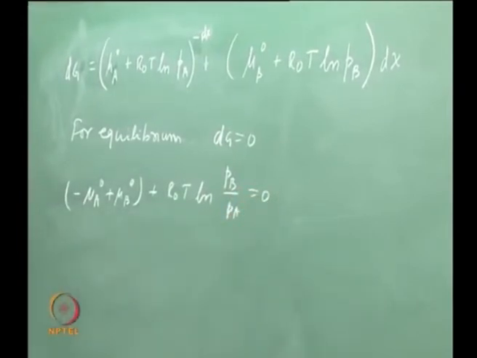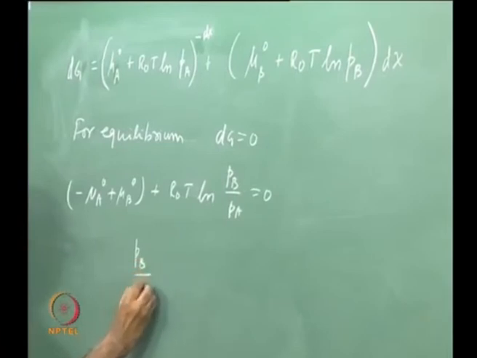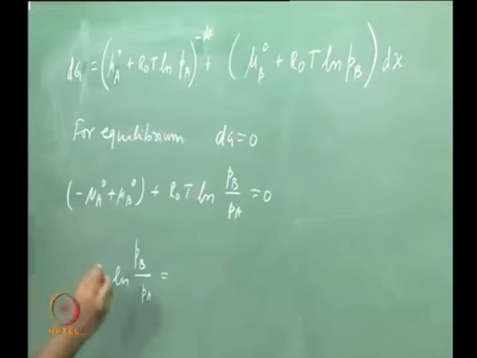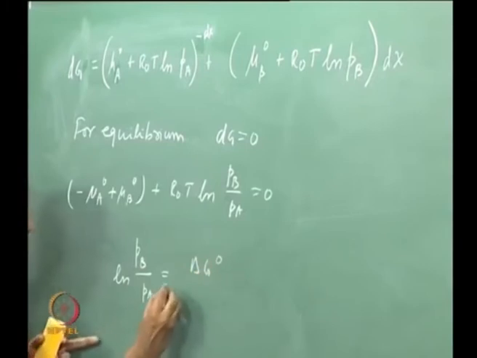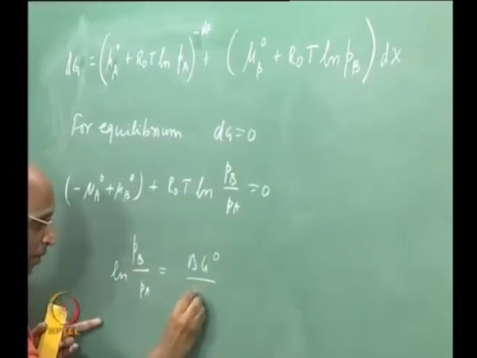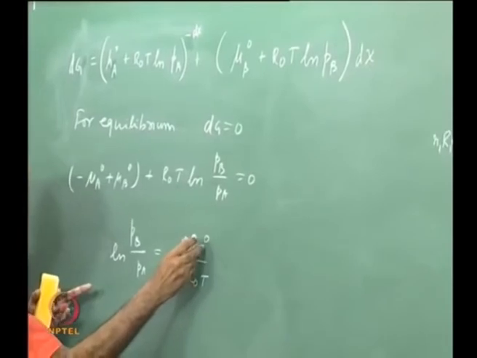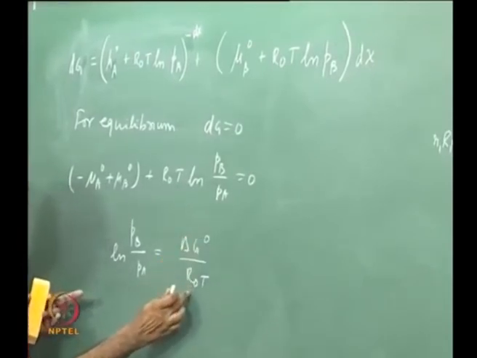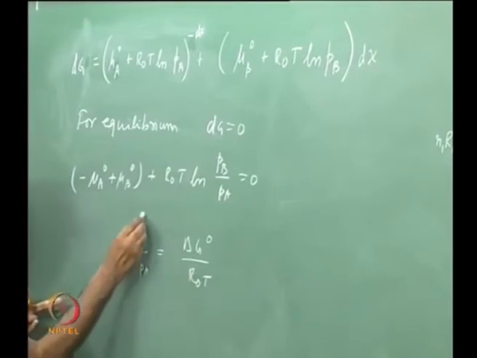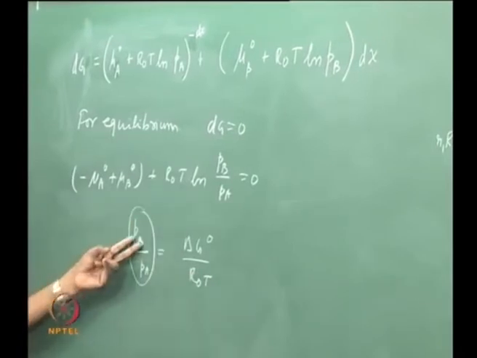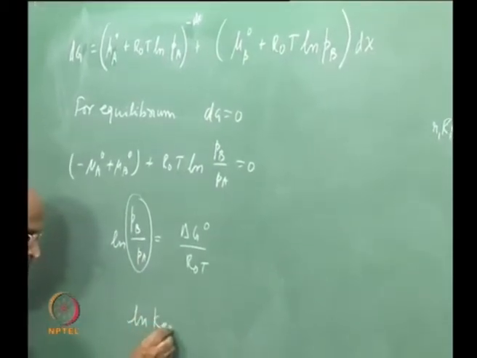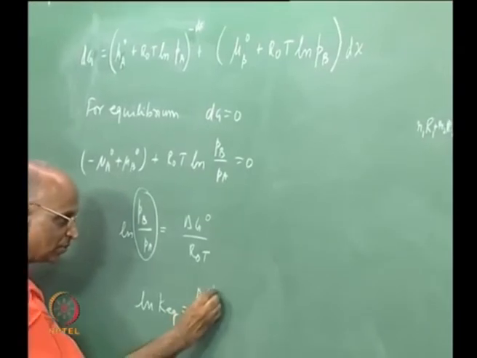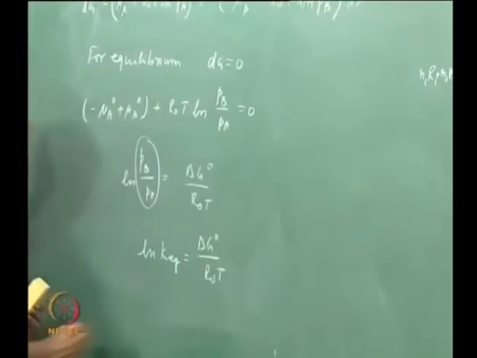Now I get the product divided by Pa into ln of this, and this becomes my change in the Gibbs free energy. Mind you, this is standard, therefore it is equal to a standard here, and now I bring R naught over here. This is kilojoule per mole, this is kilojoule per mole Kelvin into Kelvin, kilojoule per mole, and this Pb by Pa is the partial pressure of products divided by partial pressure of reactants, and this is ln of K equilibrium is equal to delta G 0 by R naught into T.